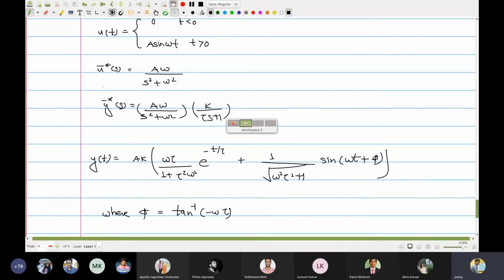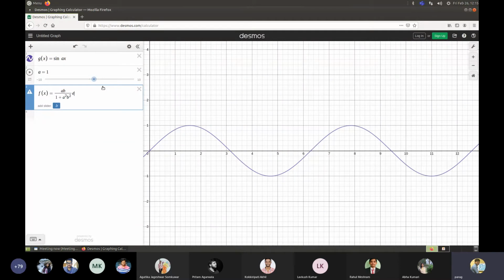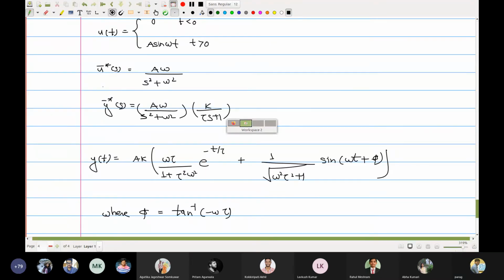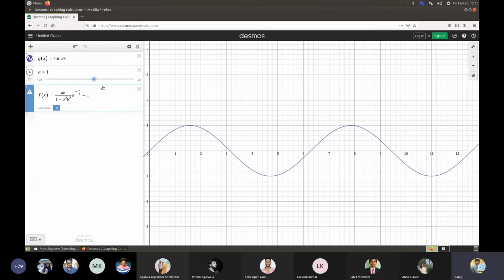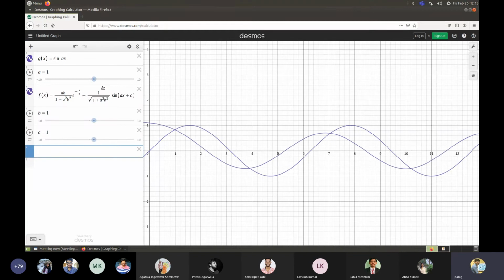Yes. E to the power minus t by tau. So e to the power minus x by b plus 1 upon square root 1 plus a squared b squared sine a x plus c. Fine. So I have the input, I have the output.